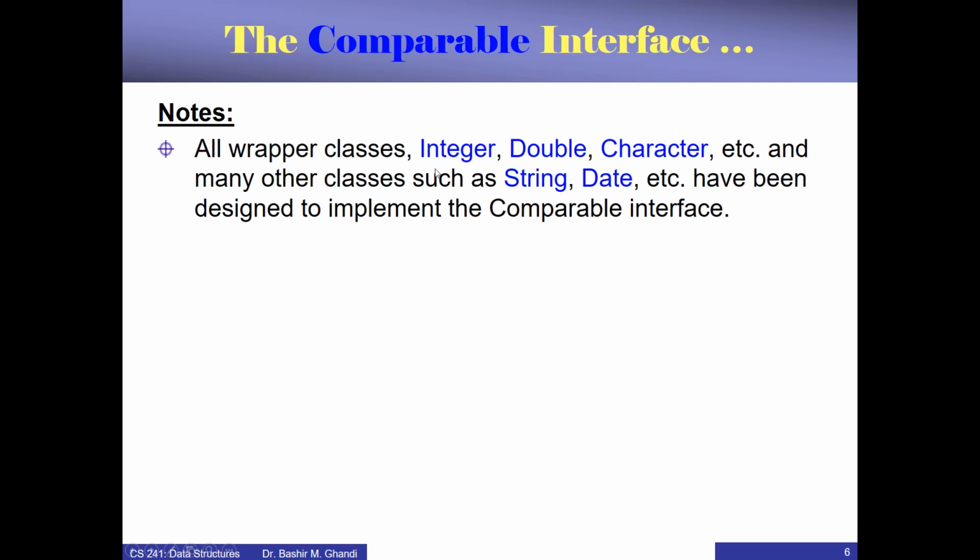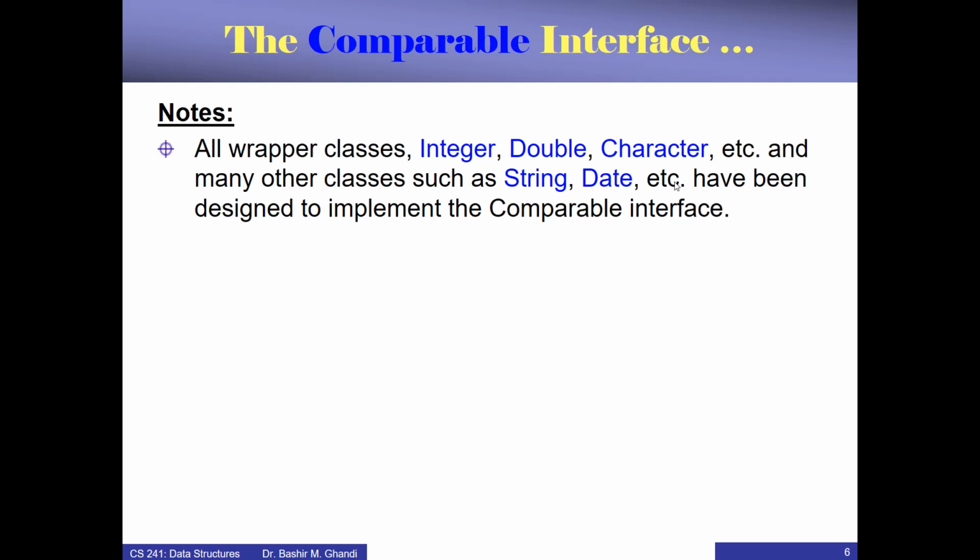All of them implement the comparable interface. So if you are dealing with data that is of these types, you don't have to worry about checking whether your class can allow comparison for less than or greater than, because all these classes implement the comparable interface.